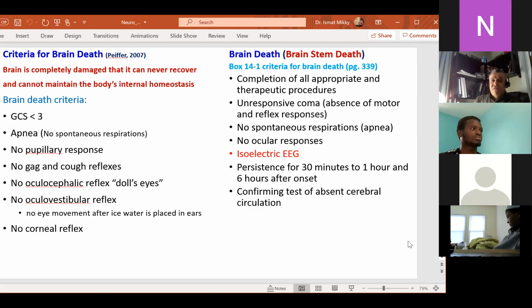The 2 confirmatory tests would be the Doll's eyes and the caloric test also. But again, these are 2 different textbooks, so you'll find 2 different criteria for brain death.